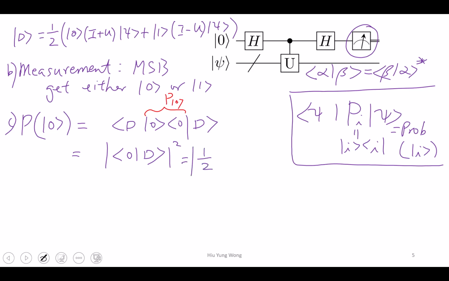So basically this will give me 1 over 2 times I plus U psi, squared. Okay.